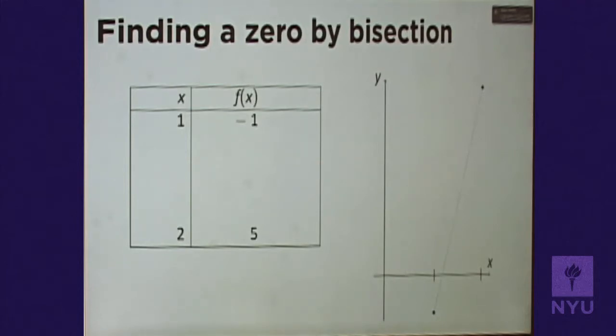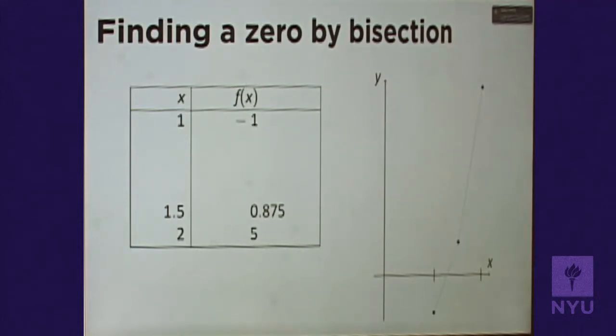Is it in the left-hand half of the interval or the right-hand half of the interval? We don't know that, but we can test that by taking the midpoint of the interval and plugging that into the function. So if we plug in x equals 1.5, what we get is 0.875. I'll let you check my math on your own.